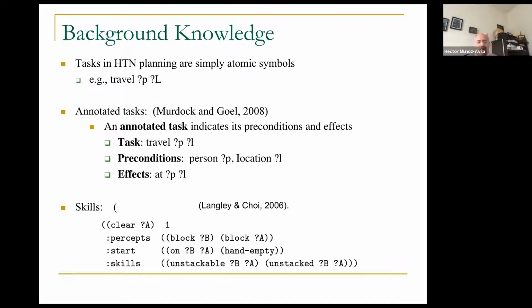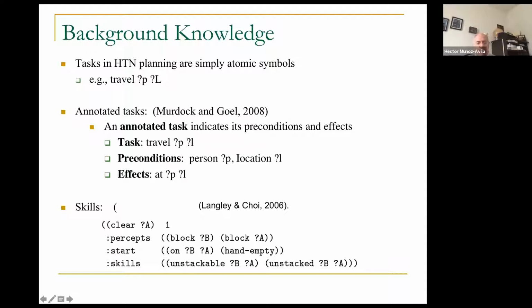So as a result, researchers have suggested a number of alternatives for the purposes of the learning problem. These researchers from Georgia Tech, Murdoch and Gold, Ashok and Beal, propose what they call an annotated task. And the idea is, yes, you have the task, but you explain what the semantics of the task are by indicating what the preconditions and what the effects associated with every task are.